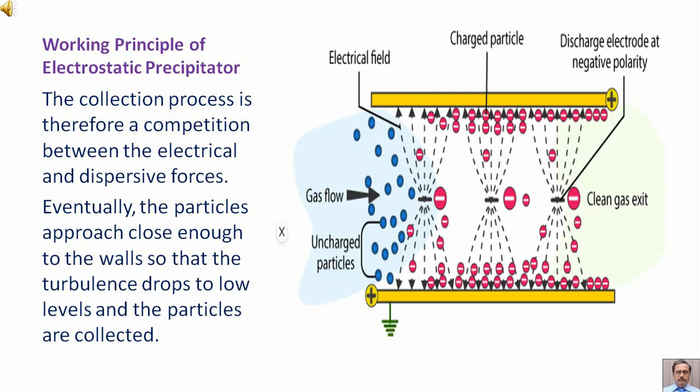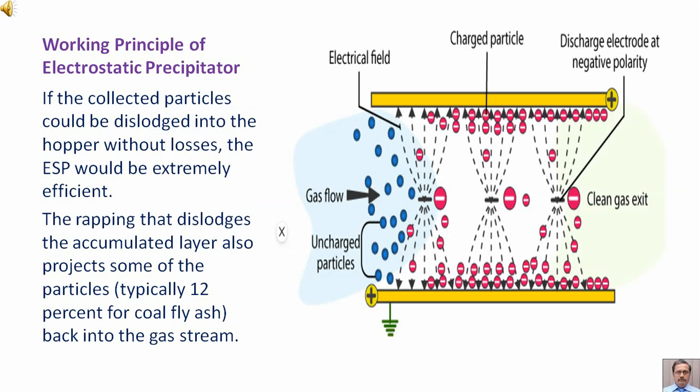The collection process is therefore a competition between the electrical and dispersive forces. Eventually, the particles approach close enough to the walls so that the turbulence drops to low levels and the particles are collected.